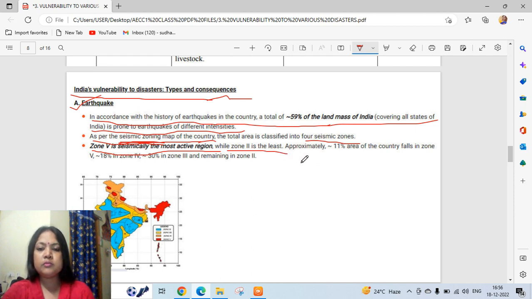Approximately 11% area of the country falls in zone 5. Zone 5 means more vulnerable. Then 18% in zone 4, 30% in zone 3 and the remaining in zone 2. Means we have 4 zones: zone 2, zone 3, zone 4 and zone 5.